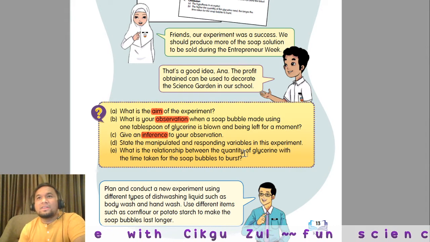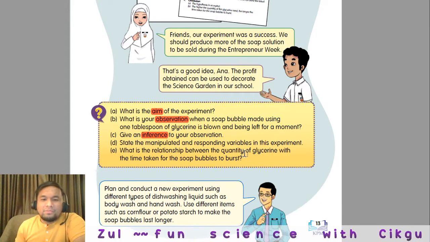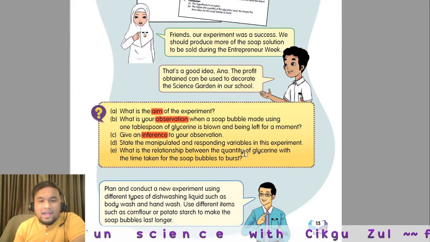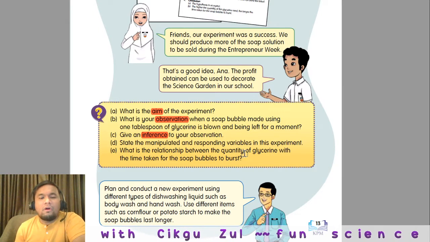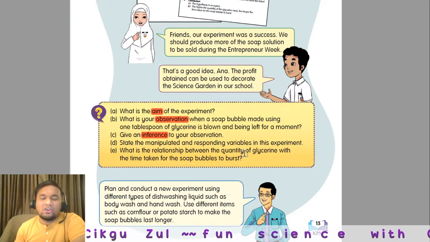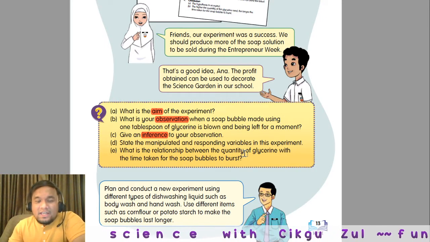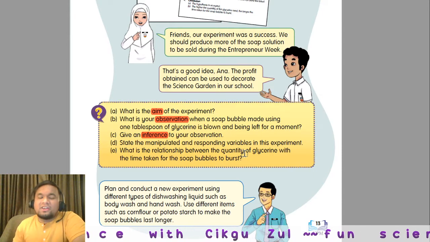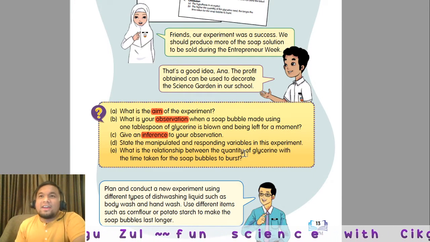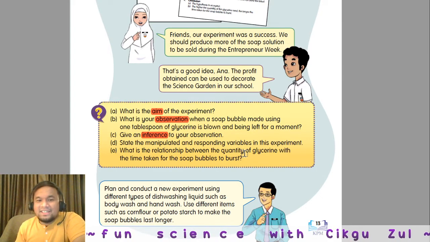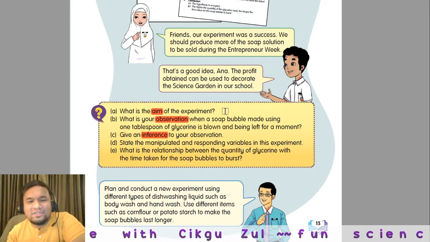Okay, I repeat the answer. Because the soap bubble has the least amount of glycerin. Okay, how to spell the least? Least yang paling sedikit. L E A S T. Paling sedikit.